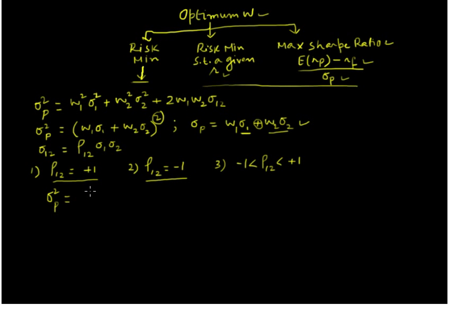In this case, we can write the variance of the portfolio as W1 times standard deviation of 1 minus W2 times the standard deviation of the returns of the second asset whole squared, which would give us a standard deviation of W1 times standard deviation of 1 plus minus W2 times the standard deviation of the second asset's return.